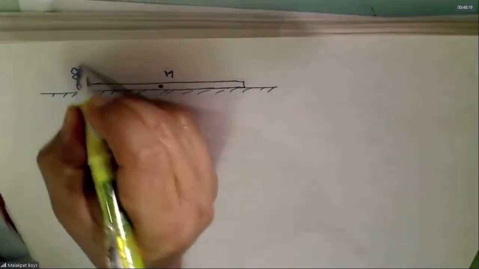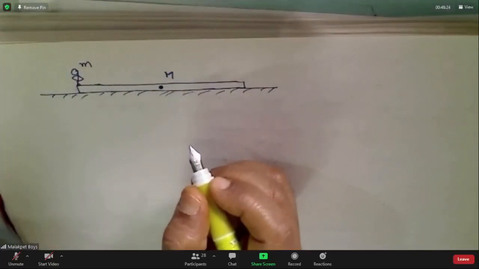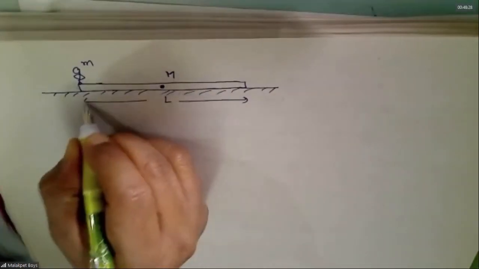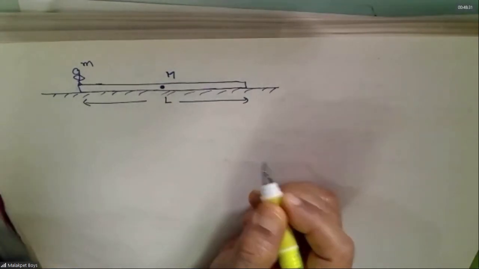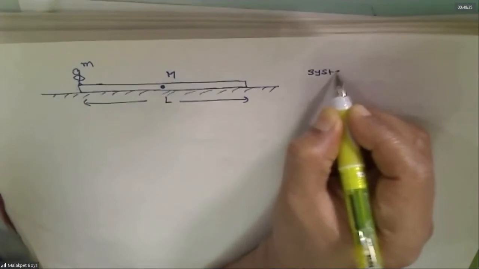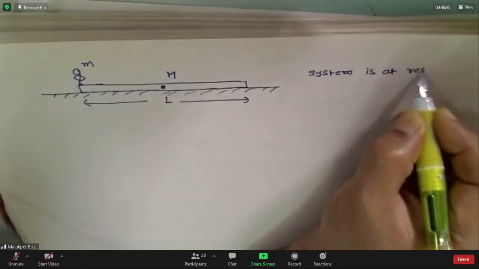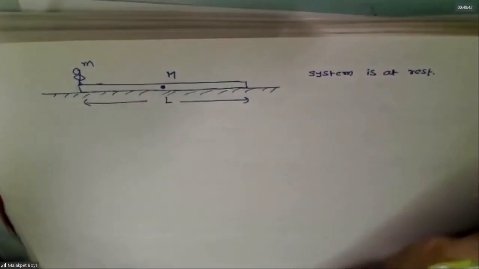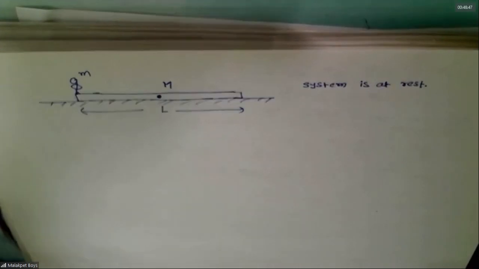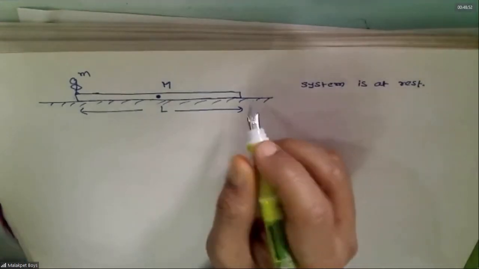It is a plank on which a man is standing. The length of the plank is L. Both are at rest. There is no friction here.